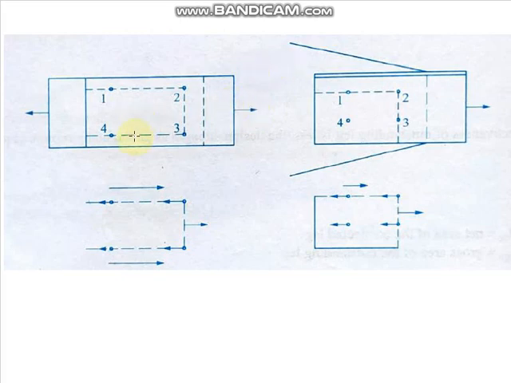Here, shear failure occurs along the plane 1 to 2 and 3 to 4, whereas the tension failure occurs along 2 to 3. In the second figure, an angle section is connected to a gusset plate using bolts. In this case, shear failure occurs along 1 to 2 and the tension failure is along the plane 2 to 3.